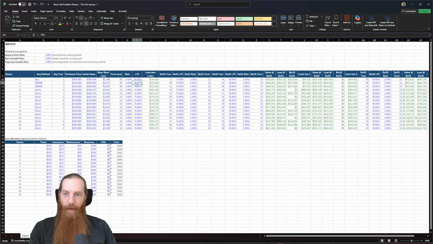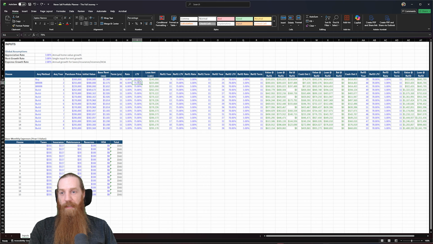As an investor, most investors tend to figure out pretty quick that having a lower LTV can be beneficial to a point. There's probably diminishing returns in there, but most investors I know like to be around that 70 to 75% LTV on their investments if they can. Of course, that all depends on the capital that you have, how much money you have to leave in the deal itself.